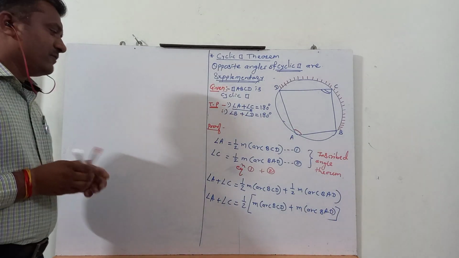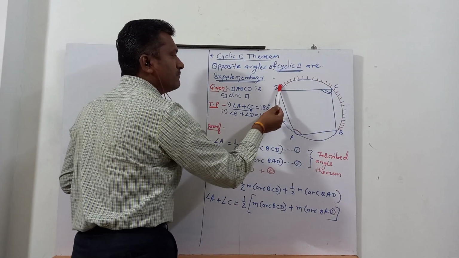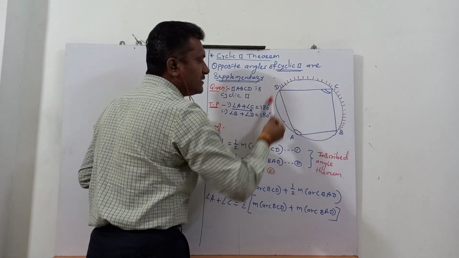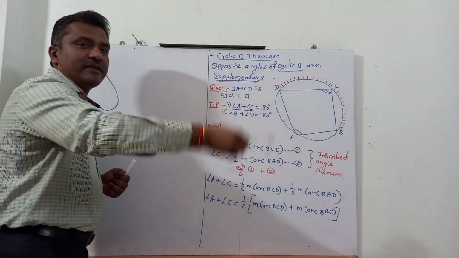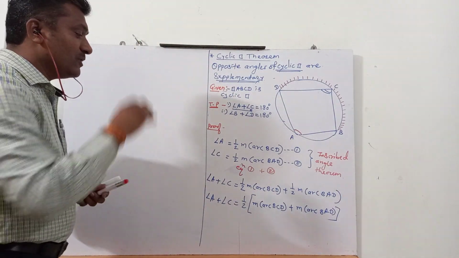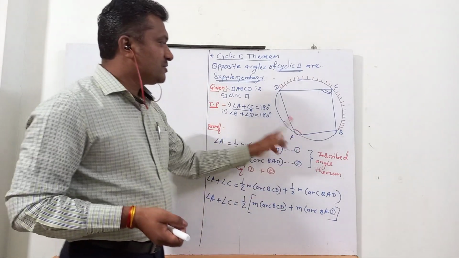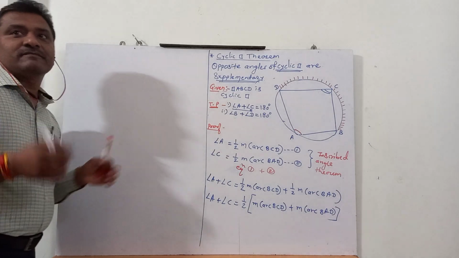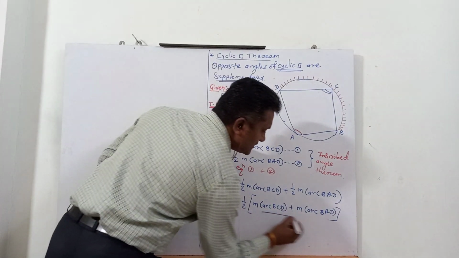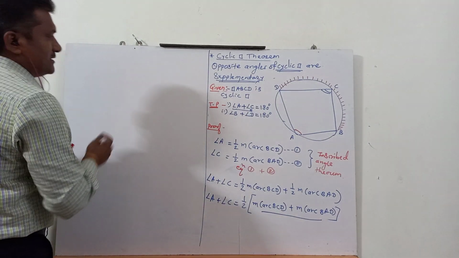Now if you see carefully, measure of arc BCD plus measure of arc BAD. If I add these two arcs, what am I getting? The whole circle. And as you all know, what is the measure of the circle arc? It is 360. So for this addition, I can substitute the value 360 here.